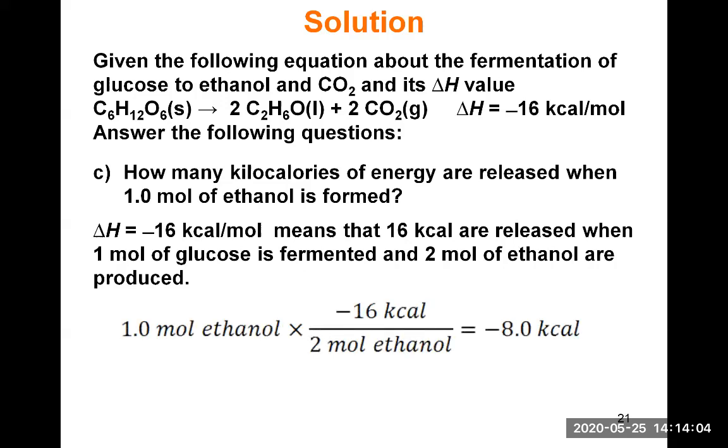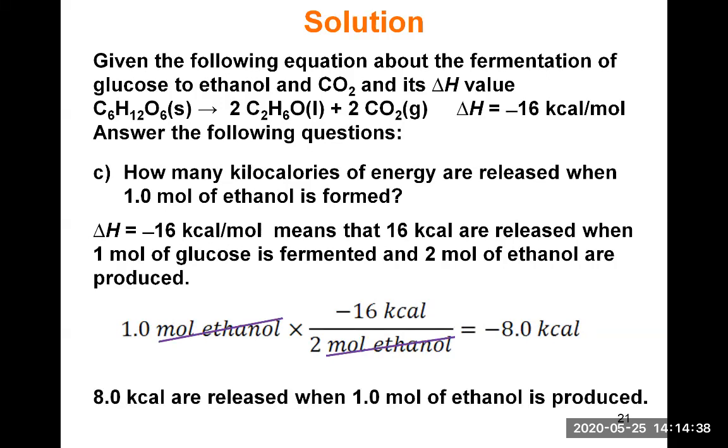So then if you take 1 mole of ethanol and multiply by the conversion factor that says negative 16 kilocalories released per 2 moles of ethanol, we see that the moles of ethanol cancel, and we do 1 times negative 16 divided by 2, and it's negative 8.0 kilocalories that are being released when only 1 mole of ethanol is produced.